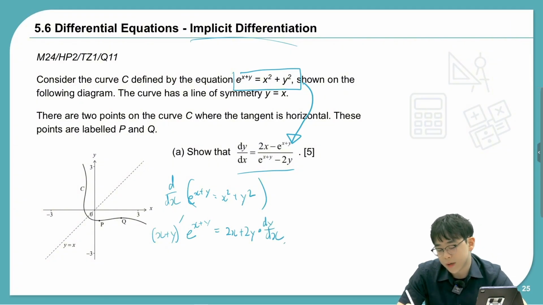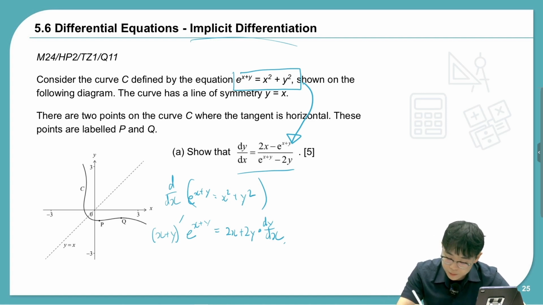Right? So y squared, that's just going to be 2y according to the power rule, but then we have to multiply dy over dx, right? So this would then be x plus dy over dx, and e to the power of x plus y is equal to 2x plus 2y dy over dx.